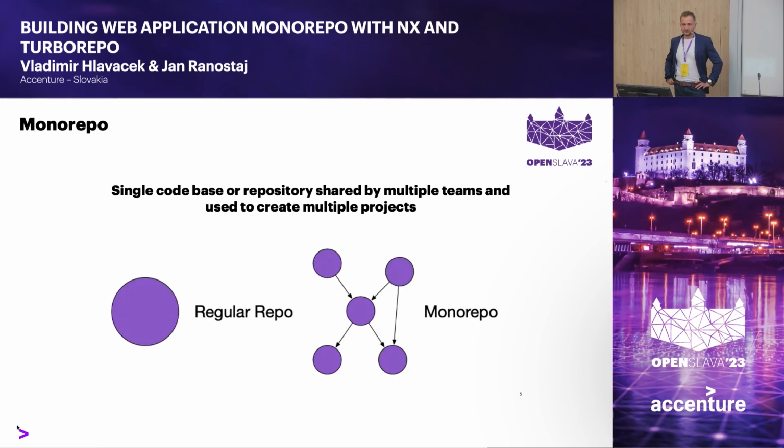Whereas with a regular repo, which you maybe have experience with when you are running an Angular or React application, you just install it and everything lives in one directory. When you want to have multiple dependencies or multiple teams working together and you want to share code, you need a different repository which lives outside of your primary repository.